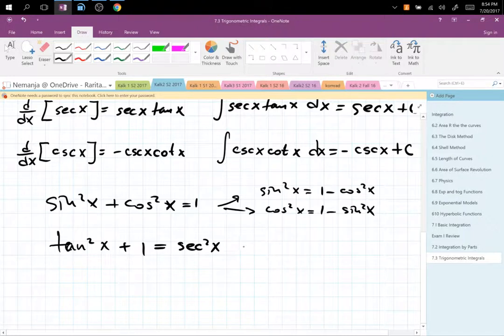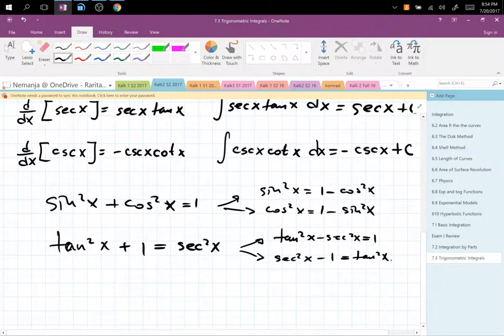And then the other forms of this: tangent squared x minus secant squared x is equal to negative 1, and secant squared x minus 1 is equal to tangent squared x. Please pay attention.